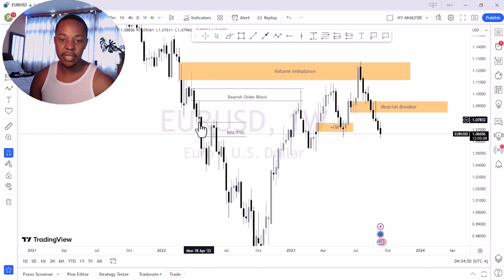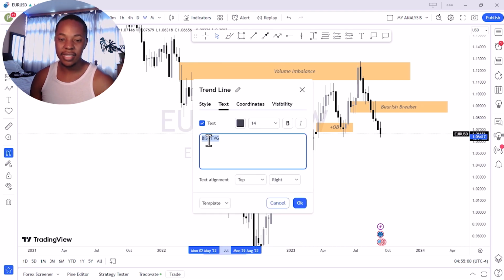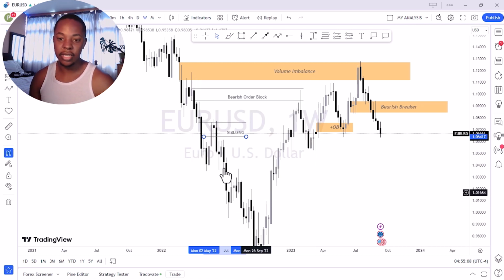As you can see, price came all the way down here, and then here we go, creating a, this is not a BC, I'm sorry, it's a CB: sell side imbalance, buy side inefficiency. It's a CB, or you can just call it a fair value gap.